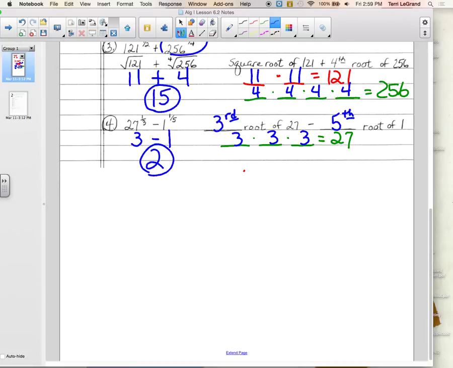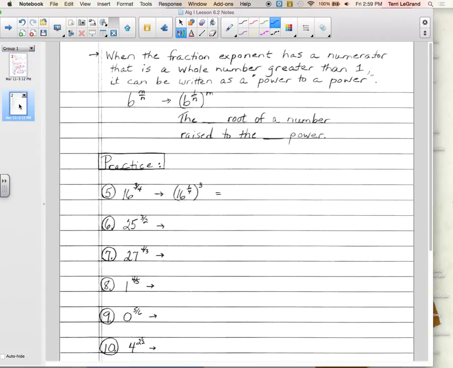Okay? What happens though when we flip our papers over and it says when the fraction exponent has a numerator that is a whole number greater than 1? It can be written as a what? Power to a power. We just talked about this yesterday.